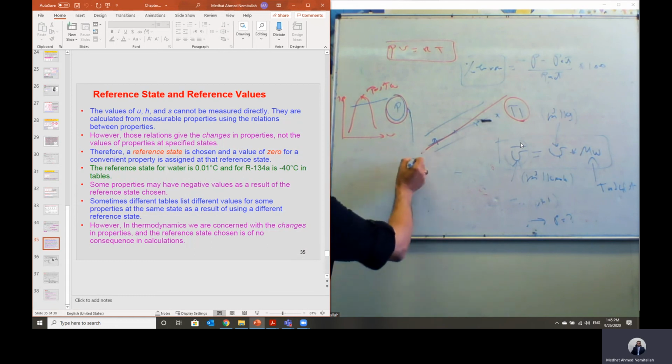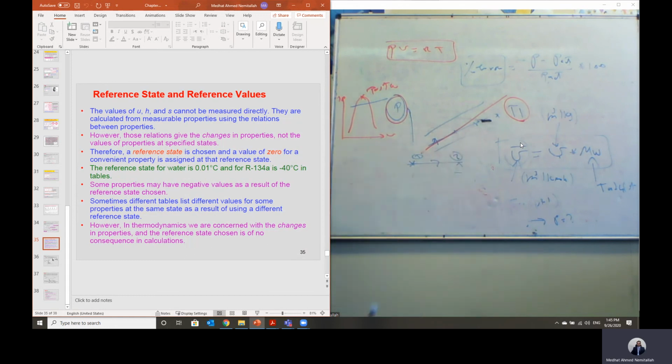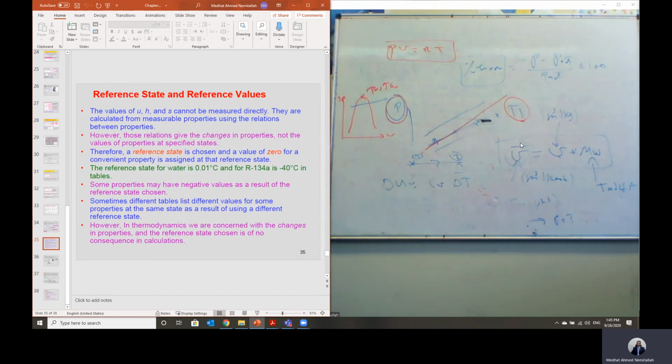If we have a system that changes from an initial state 1 to a final state 2, then we have a relation to calculate delta U, the change of internal energy, which equals CV, the specific heat at constant volume, multiplied by the change of temperature delta T, which is T2 minus T1.